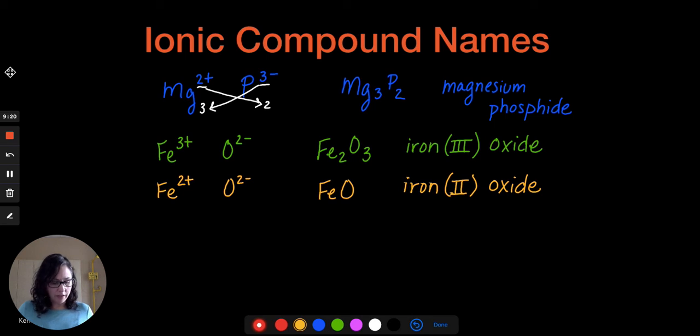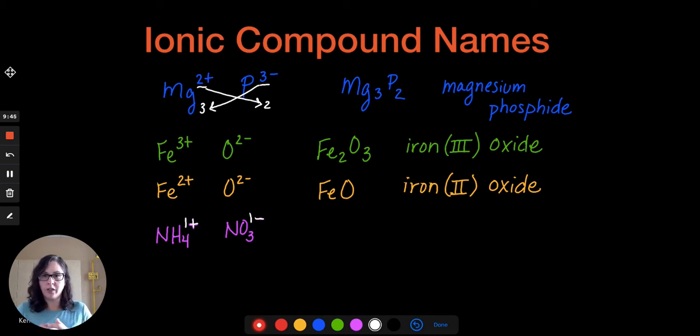All right, let's go ahead and do a polyatomic ion example as well. So this is one that we have. So say we have NH4+, which is ammonium, and we have NO3-. Now, the charge values, it's a 1+ and a 1-.